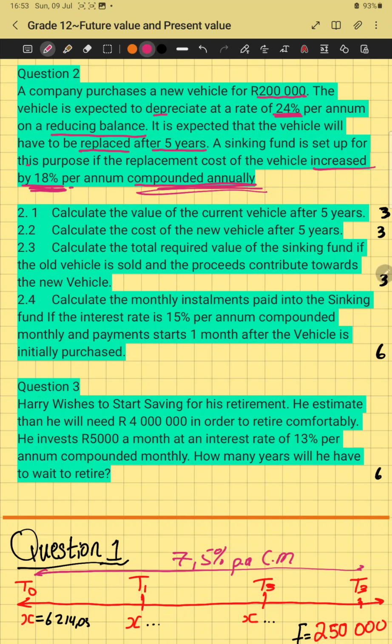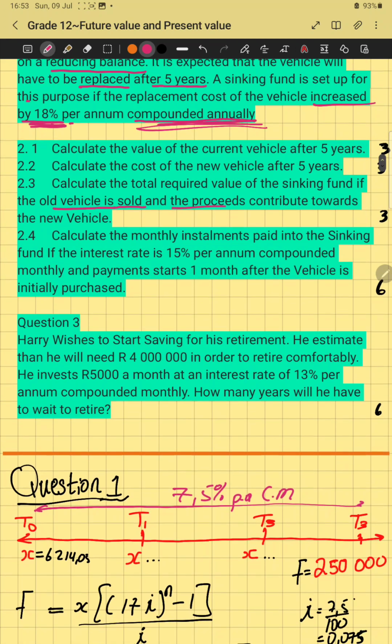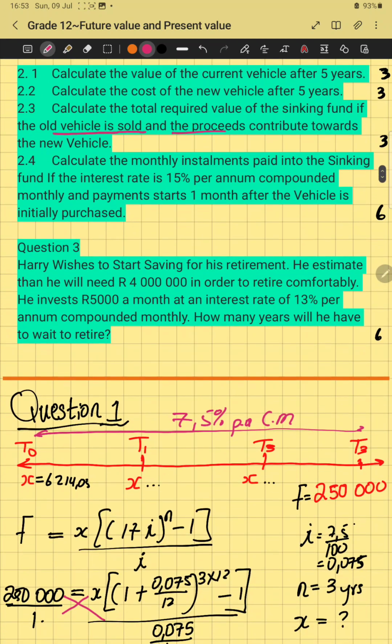Meaning that after the old vehicle is sold, now they are starting to decide that we need to add some amount of money on top of this one, that is that 50,000, because in order for us to buy the new one we need to add some amount of money.